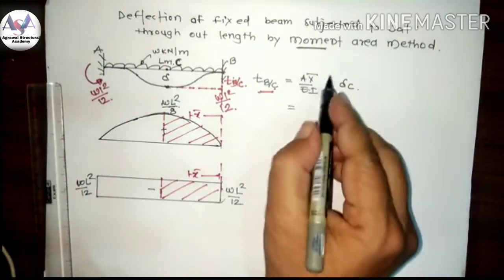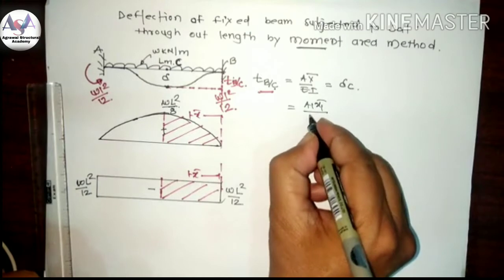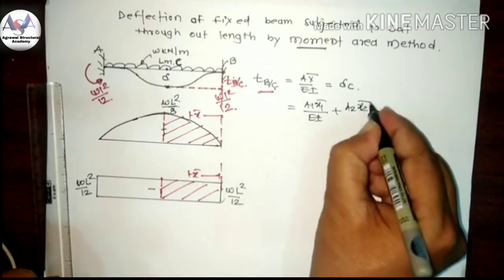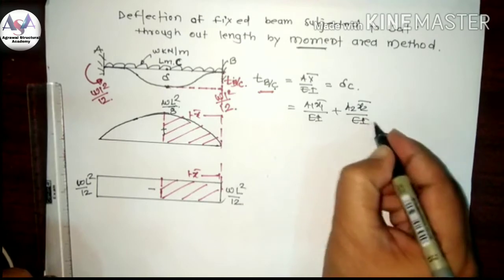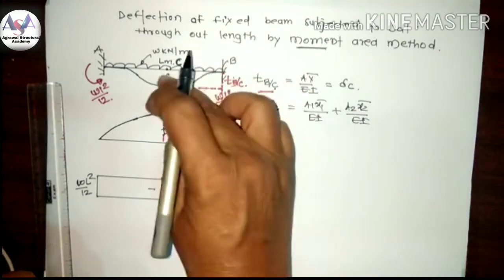So this is A1 X1 bar divided by EI plus A2 X2 bar divided by EI, and that is equal to delta C because both are the same.